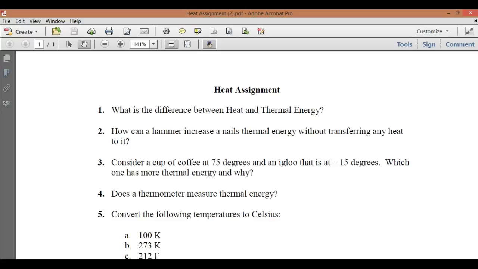So then what is temperature? Okay, so temperature is actually this. If you have a higher temperature, the particles are moving faster.